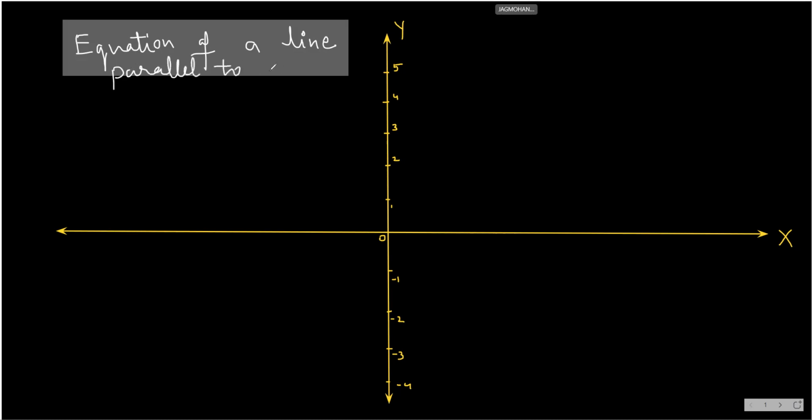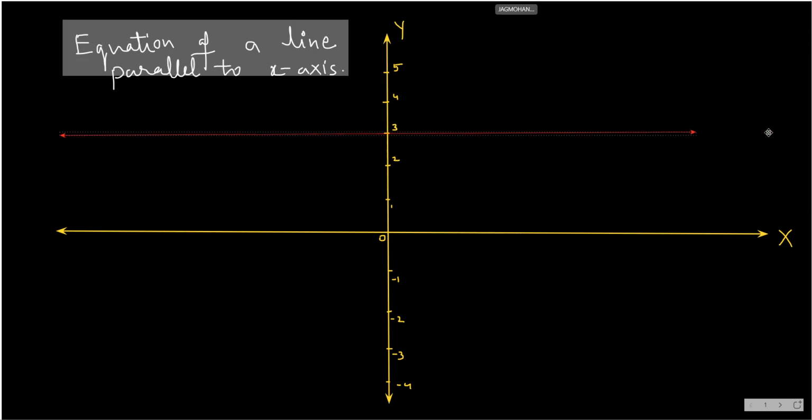Parallel to x-axis. Okay. Now see students, it is very much clear that those lines which are parallel to x-axis will cut the y-axis. So let me have a line here which is parallel to x-axis, and it is cutting y-axis at 3.